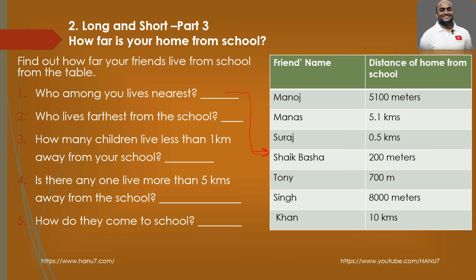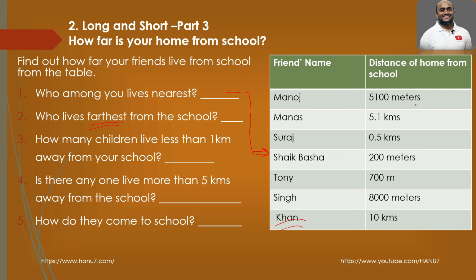So I can say that the person who is coming from the farthest place is Khan. Okay, so the double line near the farthest and the double line on Khan indicates the answer for that question. How many children live less than 1 kilometer away from your school? So 1 kilometer is, you already know, 500 meters.